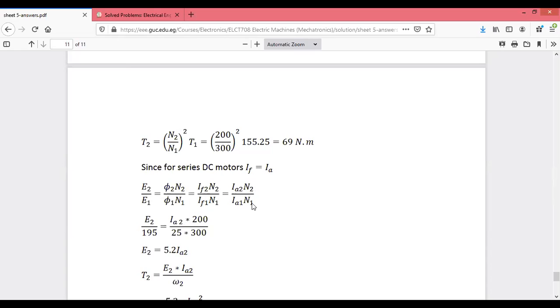But for a shunt motor, you can't take IF equal to IA, because there the voltage is the same and the current is different in parallel, but in series the current is the same. That's why we are considering field current equal to armature current. When we put in all these values, we are not aware of IA2 or E2, so you will get the equation for E2 in the form of IA2.